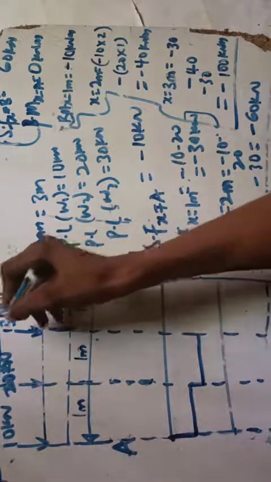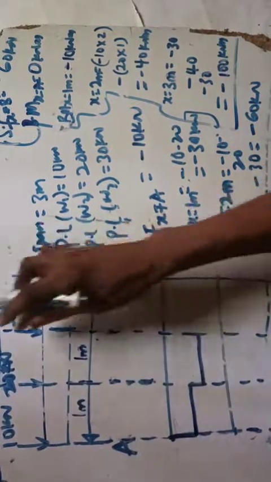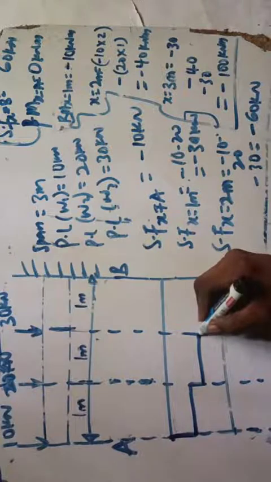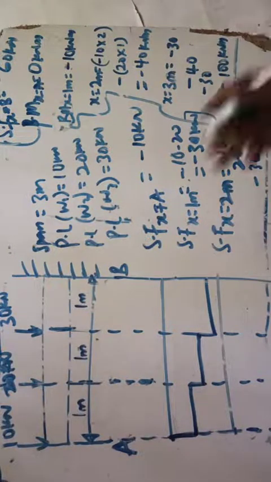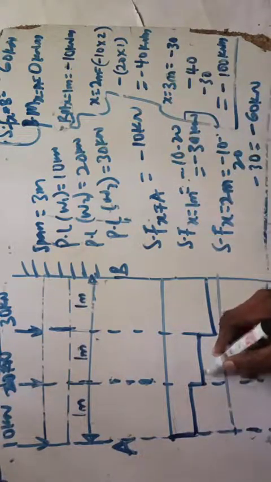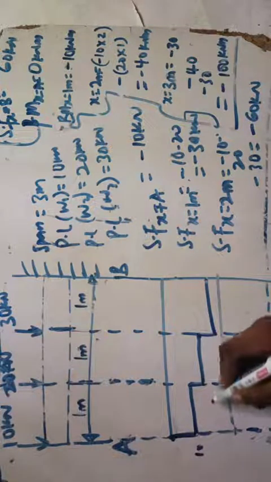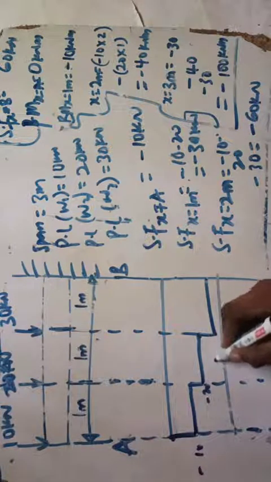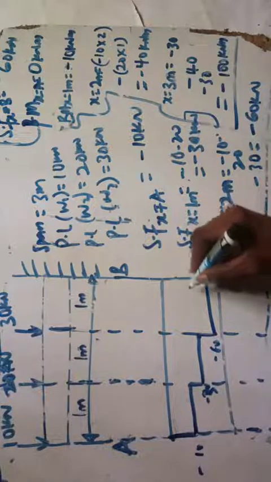When I get here, minus 30 minus 30, that is minus 60. So it drops to minus 60 and continues. Here you have your 10, minus 10, minus 20, minus 30 and minus 60. Okay. So this is negative.